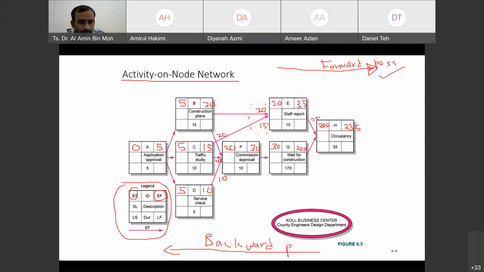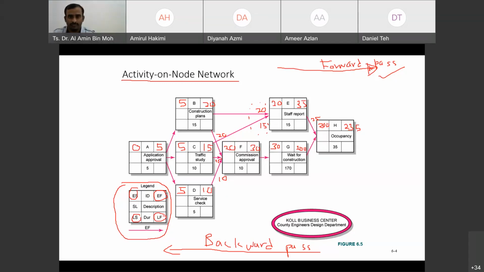Okay, backward pass. For backward pass, we are going to calculate the late finish and late start. So how does it work? We are going to start with what information? Anyone? You should know this.